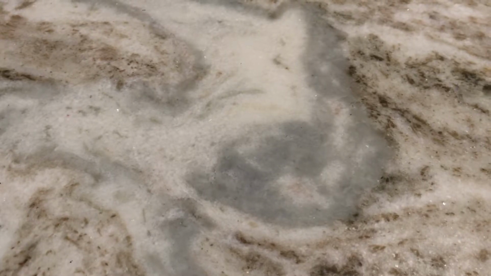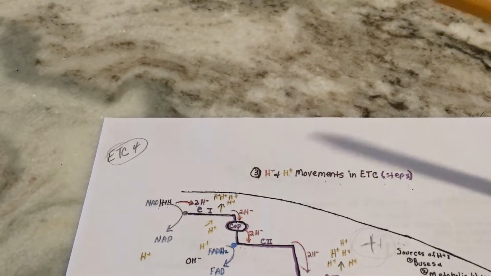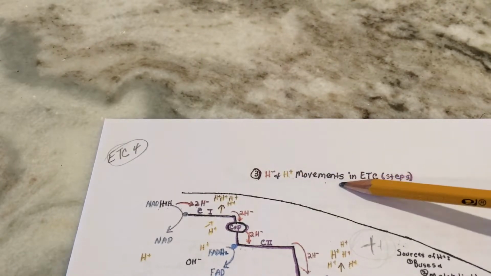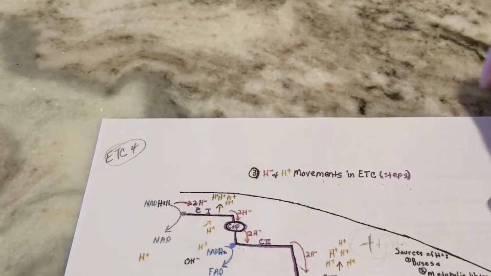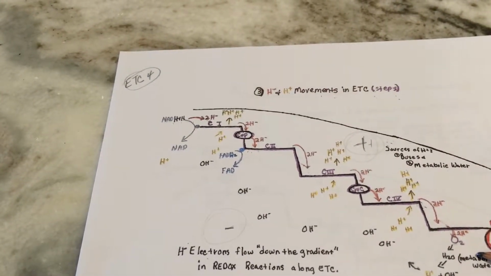Now get your handout number 3, which is hydrogen electron and hydrogen proton movements in ETC. Okay, here's our energy gradient.